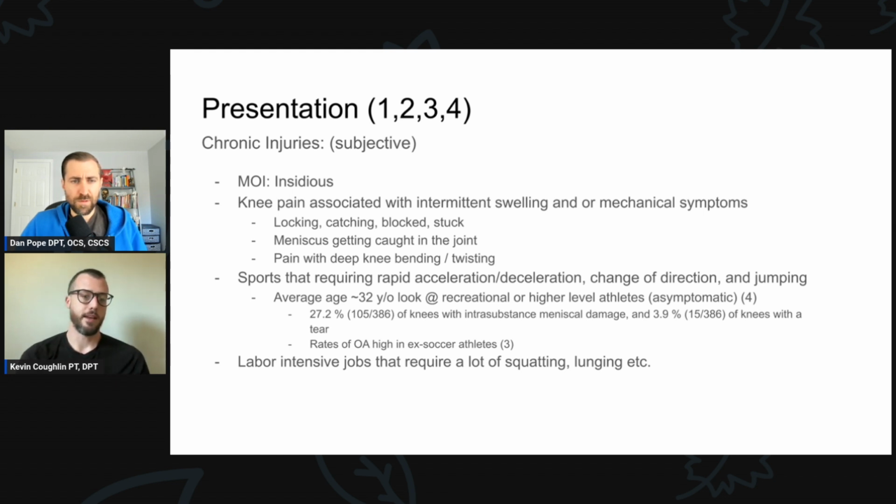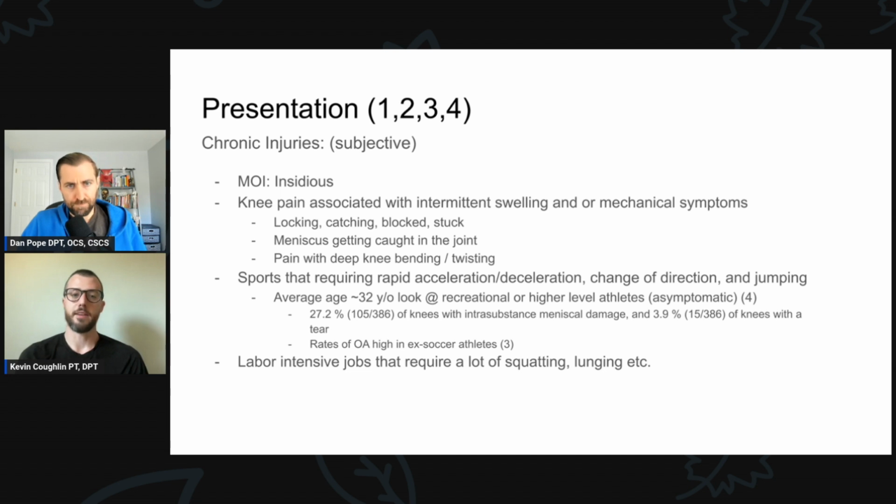We can't say that swelling has 100% specificity for meniscus tears, but something to keep in mind. And intermittent swelling probably based on what they're doing, right? If they have a weekend where they're doing a lot of yard work or work in their garden, maybe after that they notice some swelling in the joint. They rest it, they take a day off and the swelling goes down. So this might not be swelling that's there all the time, but do they have intermittent swelling? I think for me, that's a flag that something's going on in the tibiofemoral joint.